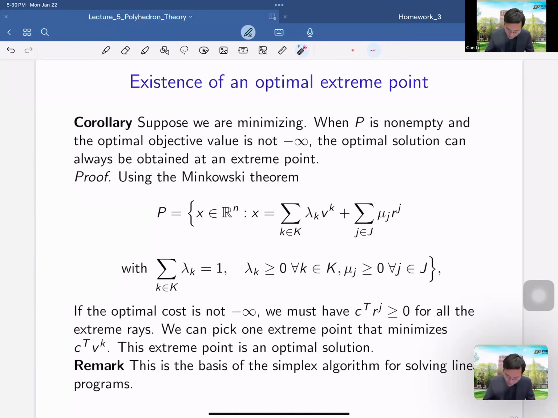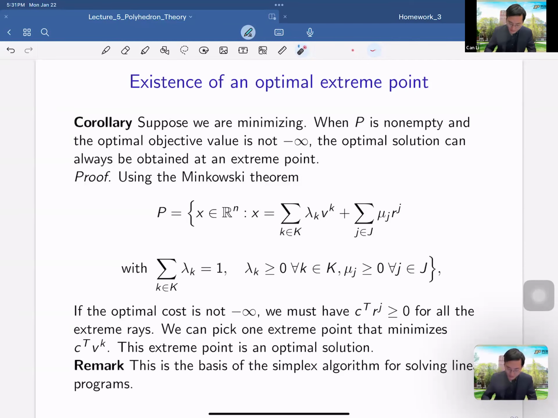Because due to the Minkowski theorem, a polyhedron is a convex combination of the extreme points and a conic combination of extreme rays. If the optimal cost is not negative infinity, we must have c transpose r_j greater than or equal to 0. The reason is that if any c transpose r_j is strictly negative, then this objective would be negative infinity, because you can just go along this extreme ray direction.